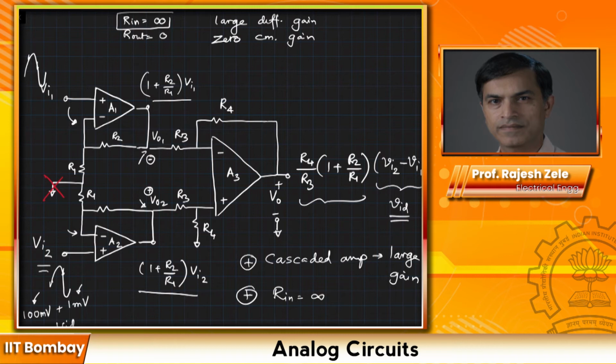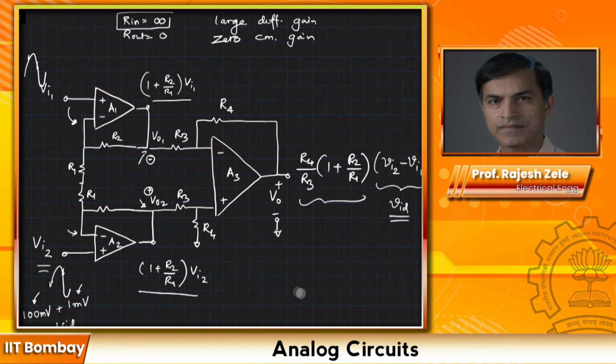Let's analyze what happens if we do that. Let me clean up the schematic a little bit, and then we will see what happens. Rest of the stuff we can probably keep.